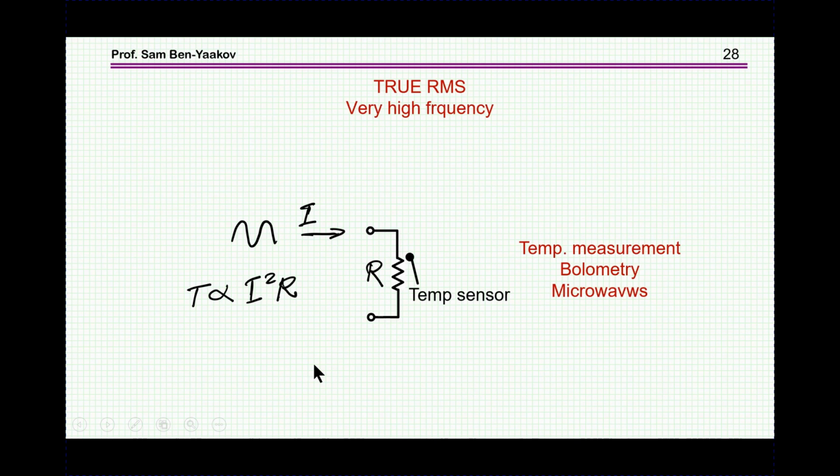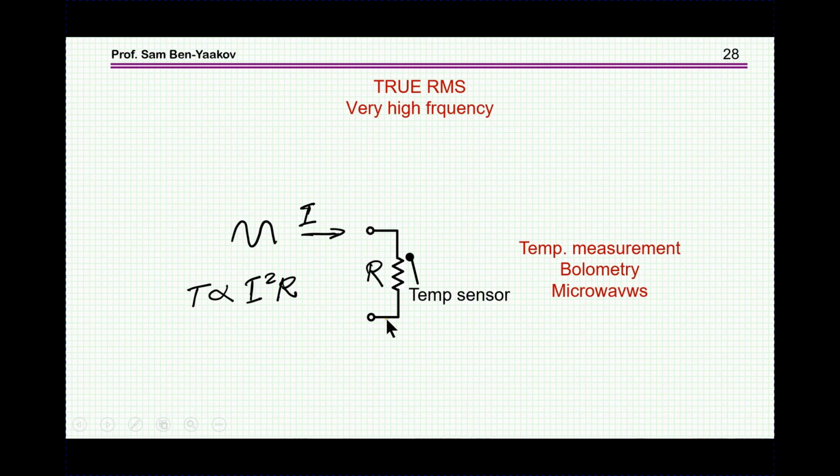And while we are at it, let me talk about some other issue of RMS, and that is what are you going to do if you have a very high frequency, say microwaves, and you'd like to measure the RMS of the current, say, or the voltage translated to a current. Well, in this case, the only way to do it is to use a so-called bolometer or bolometry, in which you translate the voltage to power and then measure the power directly or indirectly.